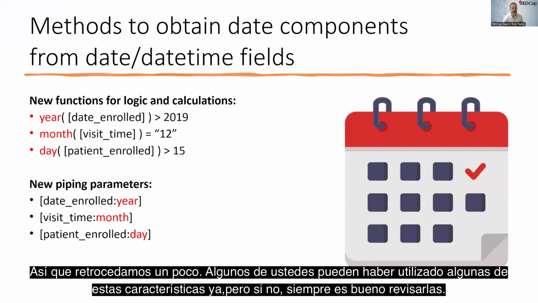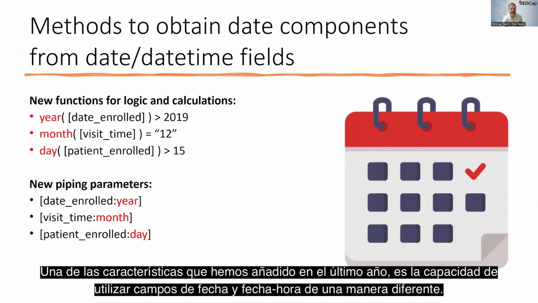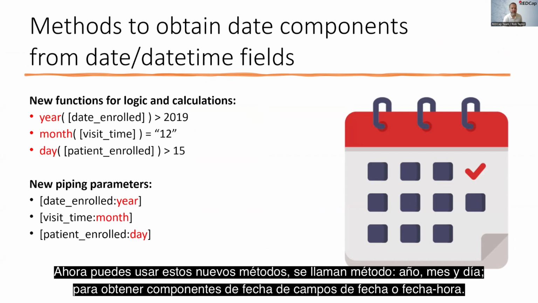One of the features we've added in the past year is the ability to utilize date and date time fields in a different way, where now you can use these new methods. It's called year, month, and day method for obtaining date components from date or date time fields.